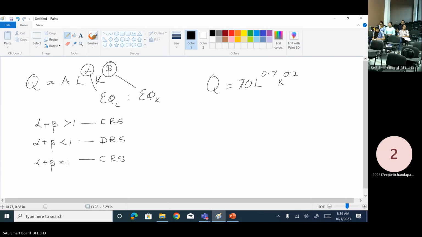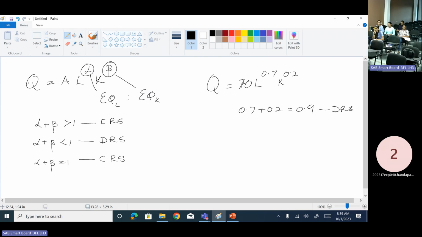Alpha is 0.7 and beta is 0.2, so the sum is 0.9, which is less than 1. So that explains decreasing returns to scale.